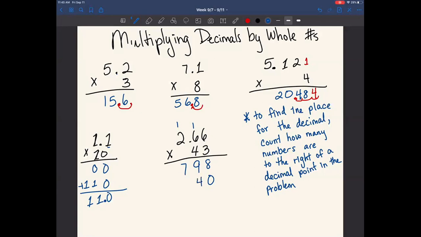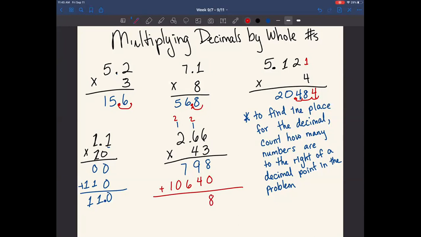I'm going to do this bottom part in a different color, so that way I don't get confused with my numbers that I'm adding above. So 6 times 4 again, 24 plus 2 is going to give me 26. And then 4 times 2 is 8 plus 2 more is 10.